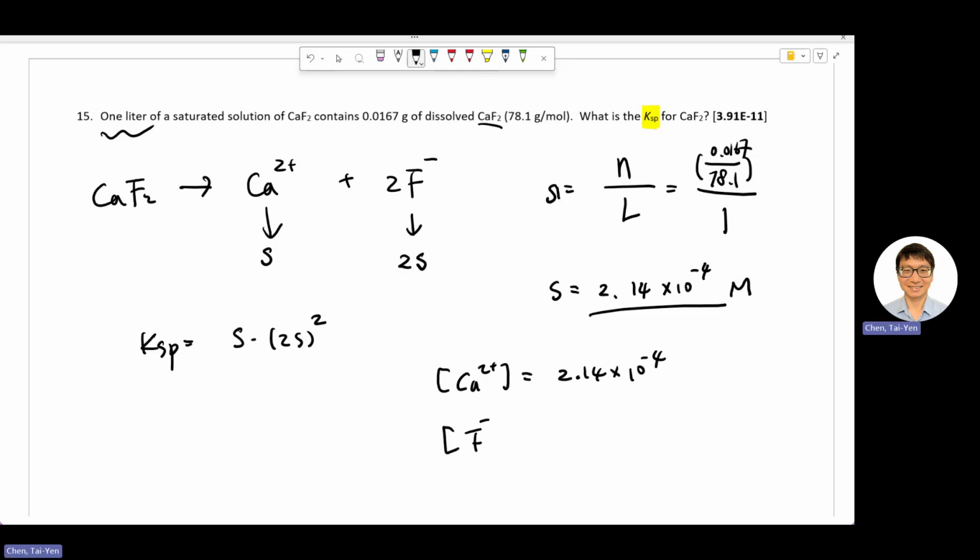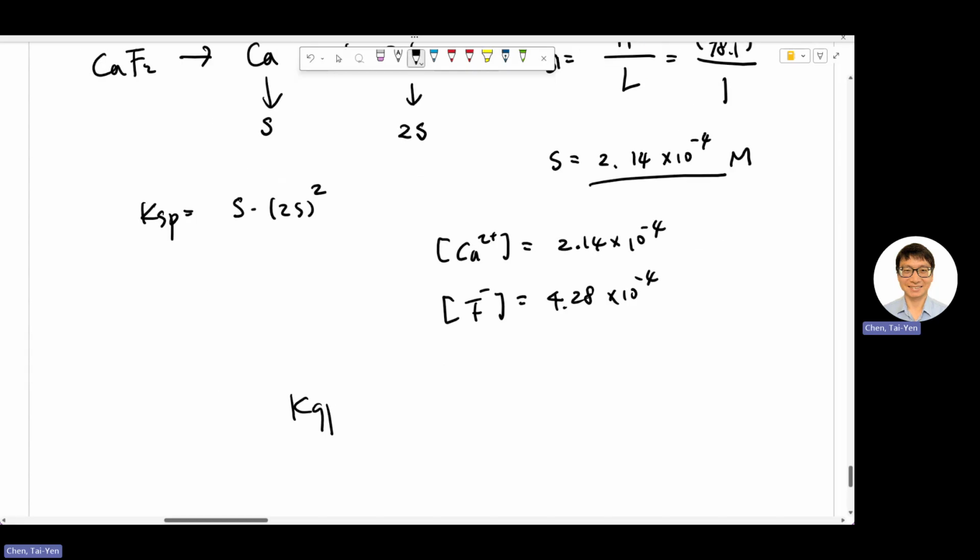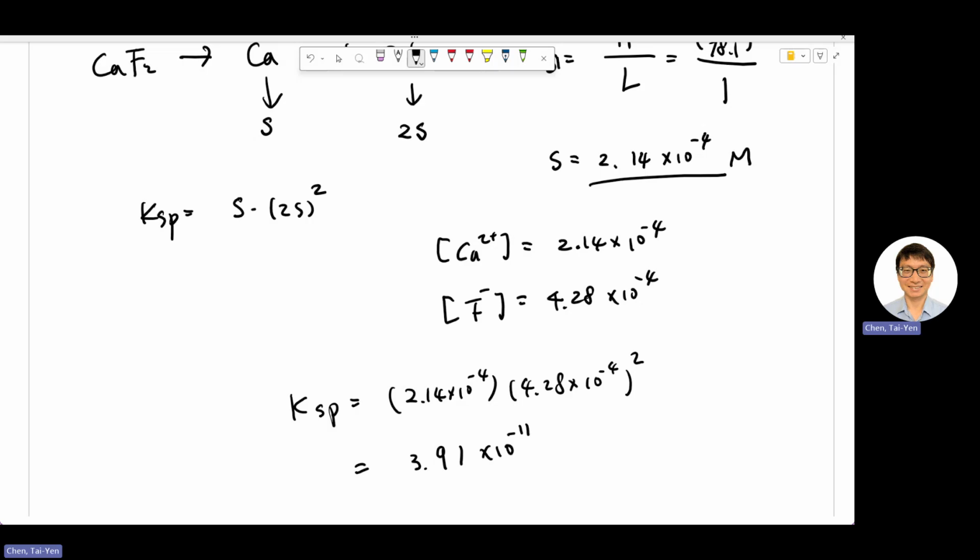But for your fluorides, it will be double that, 4.28 times 10 to the negative 4. Therefore, your KSP will equal 2.14 times 10 to the negative 4 times 4.28 times 10 to the negative 4, to the second power. And then you come to a number of 3.91 times 10 to the negative 11.